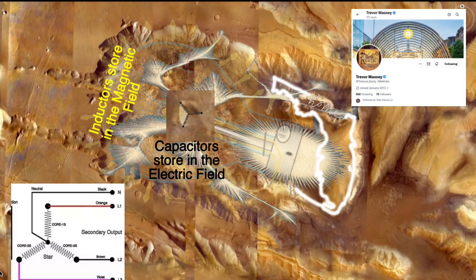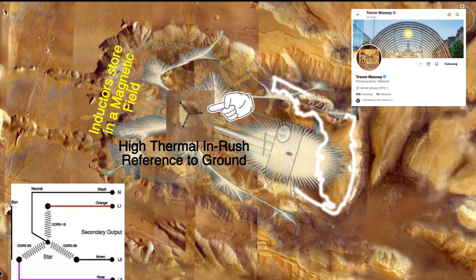The outset of the electrical discharge involved a high thermal inrush that resulted in a capacitive three-sided pyramid on the surface of Mars. Massey goes on to explain that the three-sided pyramid, in an electrical context, is the reference to ground of the circuit. There is the ground at the center of the head, and the reference to the ground that established the dividing point between the three parts of the circuit.